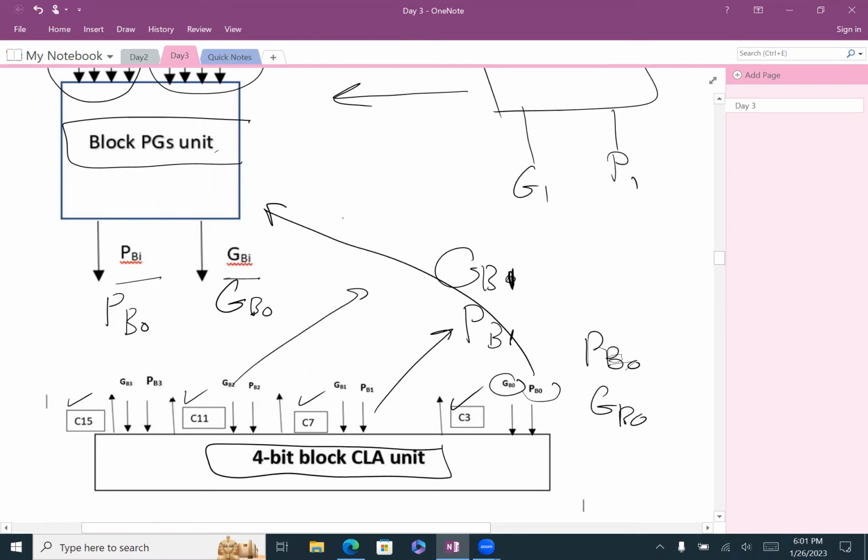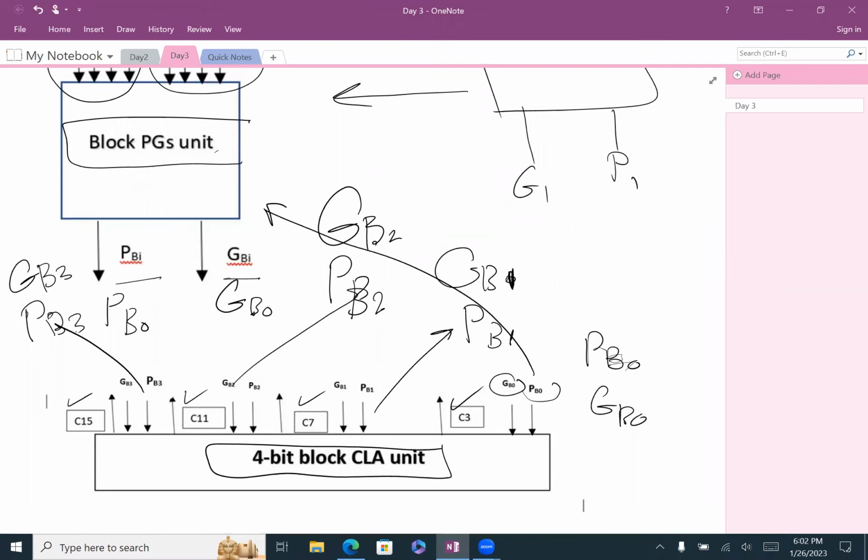Similar here, what you need? GB2 and PB2. Finally here, what you need? GB3 and PB3. All right. If you have these inputs, then you will be able to generate that.